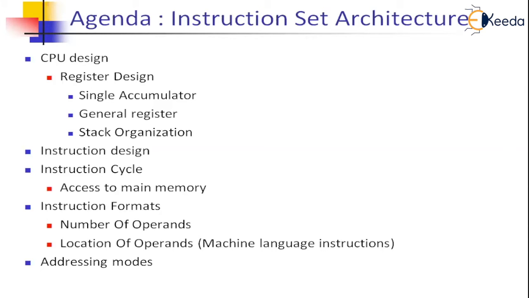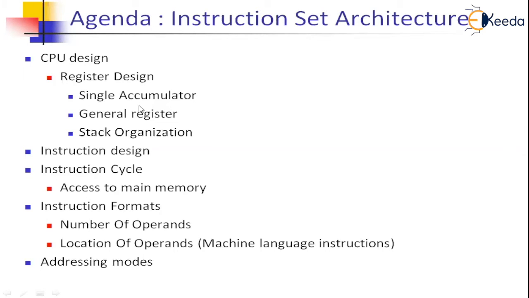There are several registers available within the CPU. All these registers must be organized in a proper way to get an efficient architecture, which serves as the best architecture for executing programs.